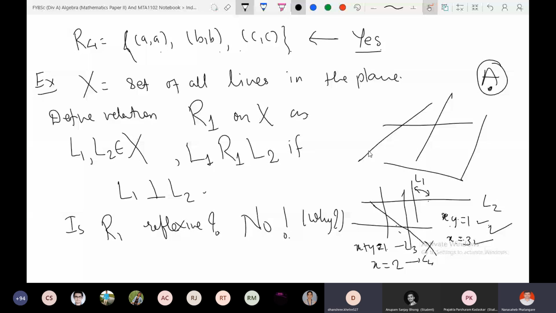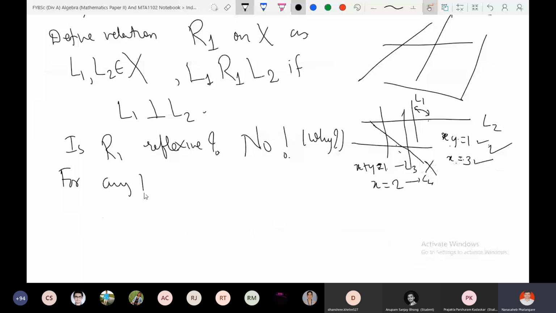For any line in this collection of lines, L1 is not perpendicular to itself, because a line cannot be perpendicular to itself. So therefore, the pair (L, L) is not in the relation. So this is not reflexive.